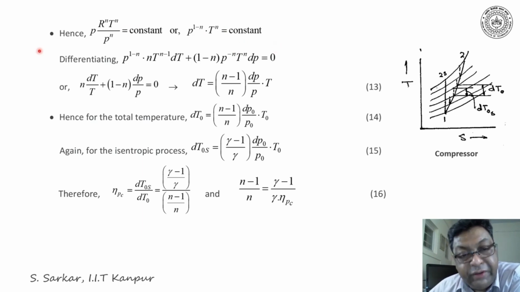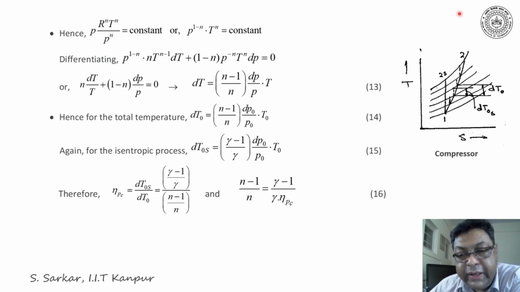Now, if you differentiate, it will yield n into dT by T plus within the bracket 1 minus n into dP by P. This can be reduced to dT is equal to n minus 1 divided by n into dP by P into T, equation number 13.